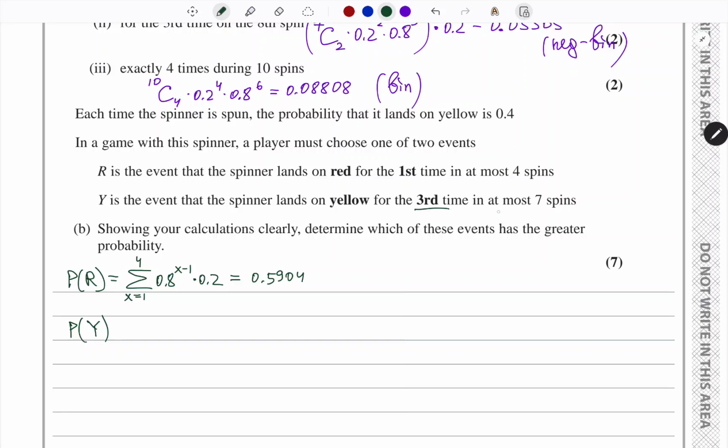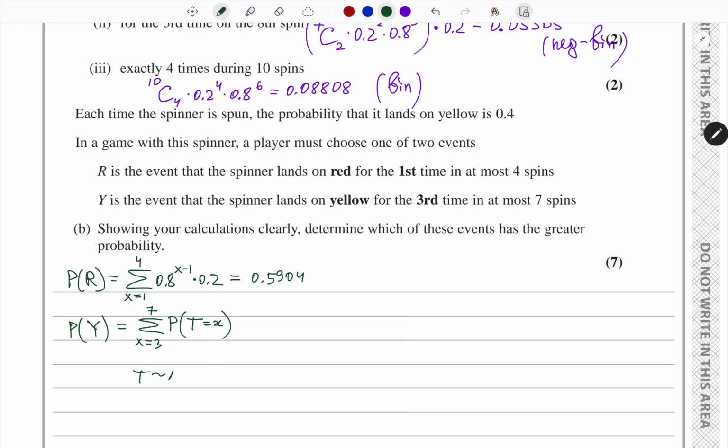Okay, then the probability of Y. Lands on yellow for the 3rd time in at most 7 spins. It's negative binomial distribution. So let's say it's a sum again, x equals 3 to 7. Okay, and then we have to find the probabilities. Let's introduce a new random variable T. T is the number of spins, like we need x spins.